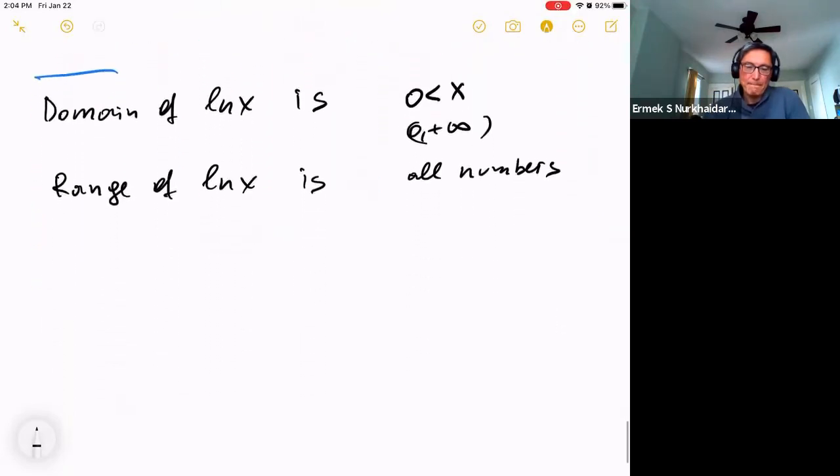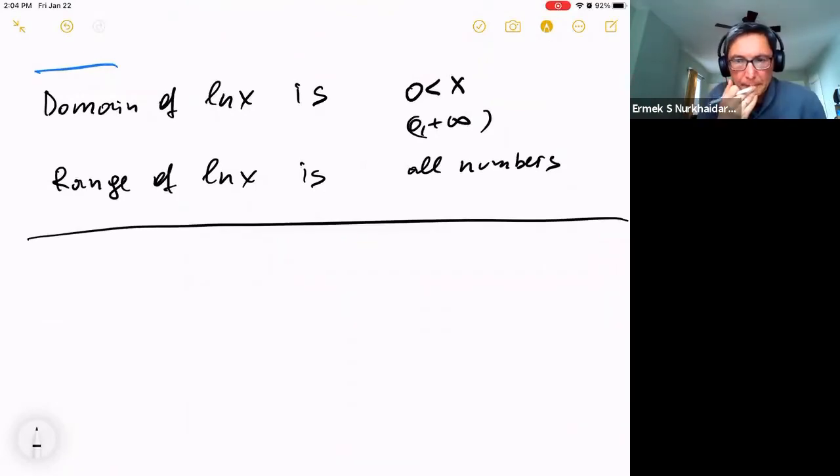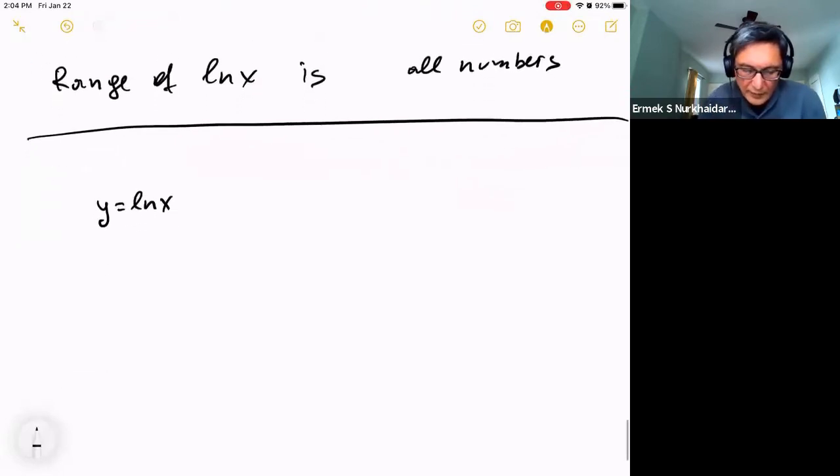Now the property. Just have a look, for example, if we have the function y equals ln of x. If I take input x, it calculates output.